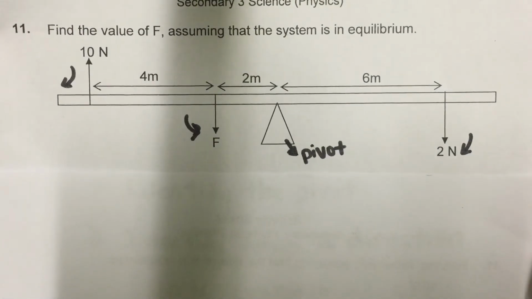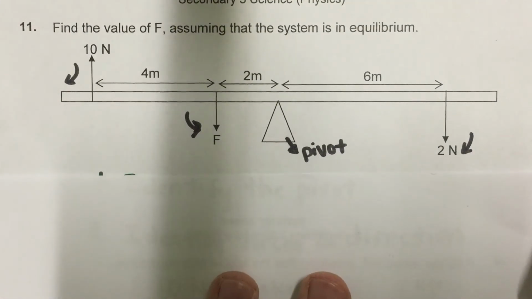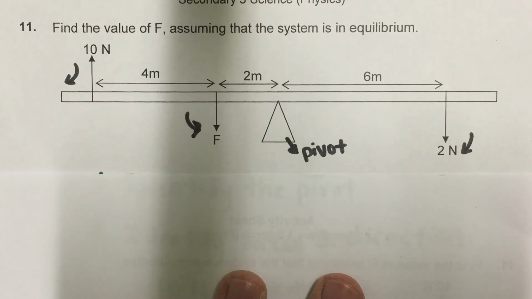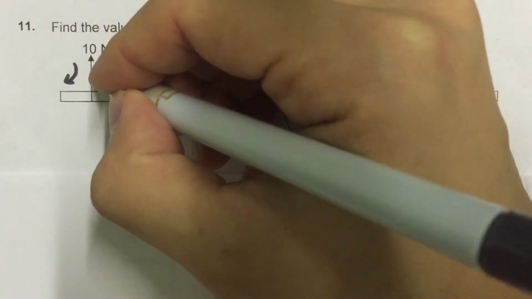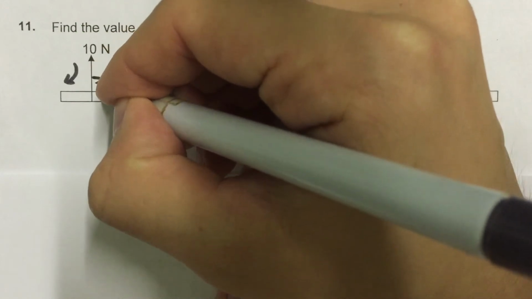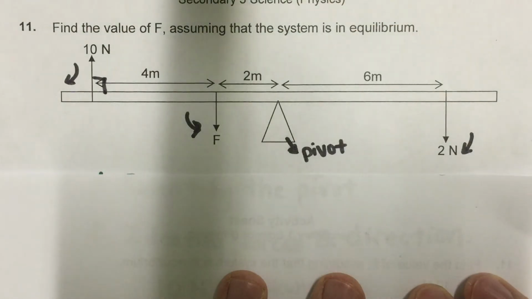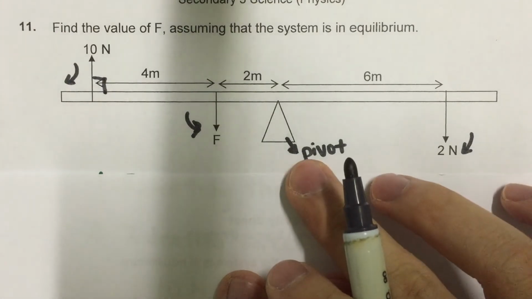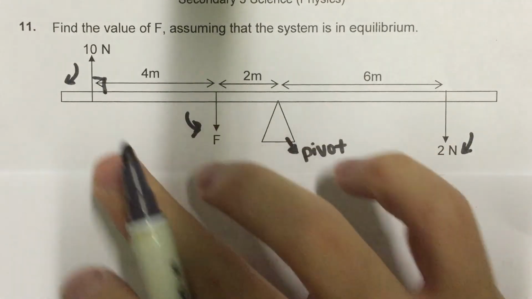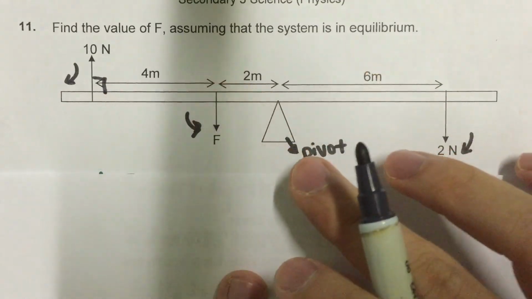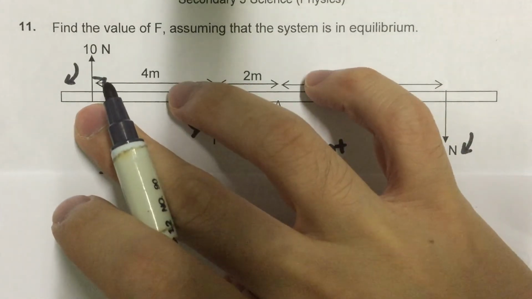So let us look at the diagram again. So remember, what are the key concepts that we should apply when we measure the perpendicular distance? Now, firstly, you must form the right angle, and secondly, when you measure the distance, it must be from the pivot to the force. I repeat, the right angle from the pivot to the force.